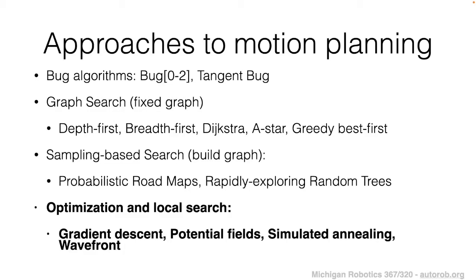In today's lecture, we're now going to talk about the final approach that we'll look at in this course, which is optimization-based approaches that perform local search in trying to solve the problem of motion planning. The set of topics within this optimization-based planning that we're going to look at involve gradient descent, potential fields, simulated annealing, and wavefront algorithms.